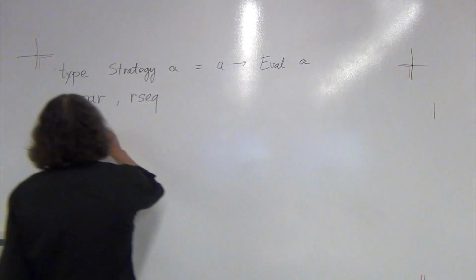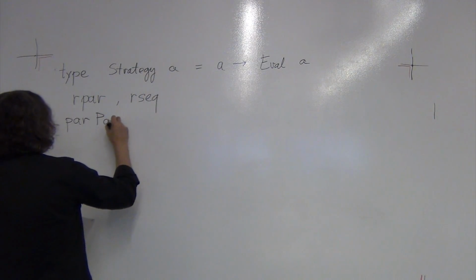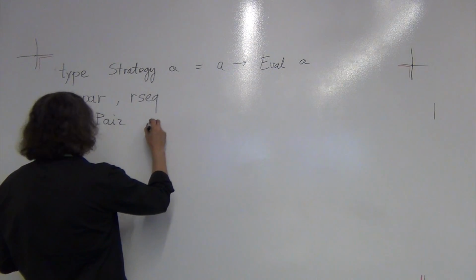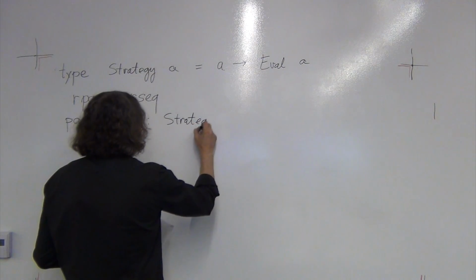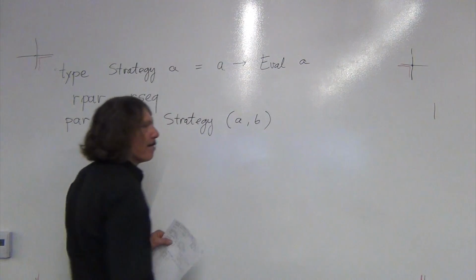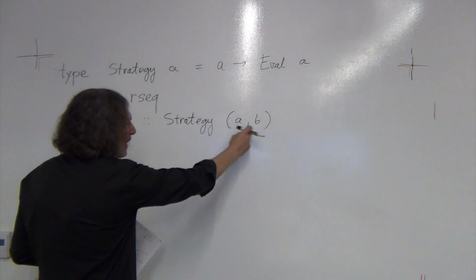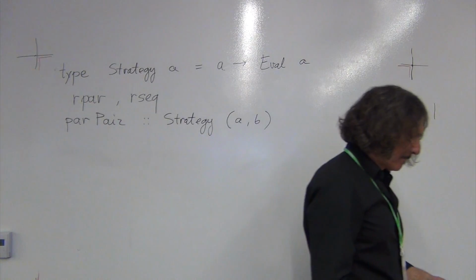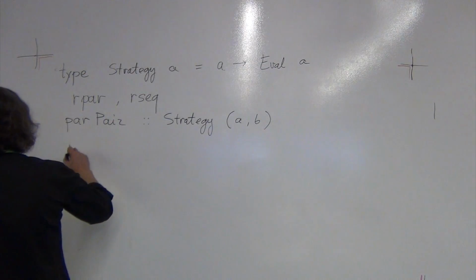So let's define a strategy that is called parPair. parPair is a strategy of evaluating a pair of A and B. Which means it's a function that takes a pair of A and B and produces eval of a pair of A and B. So how do we define this?